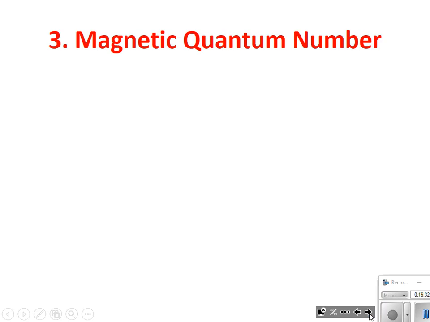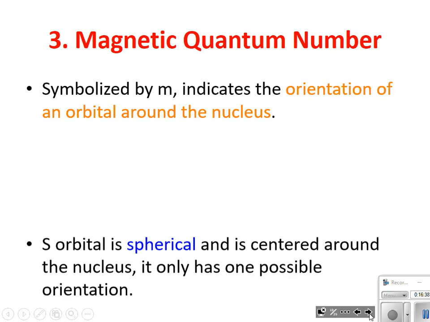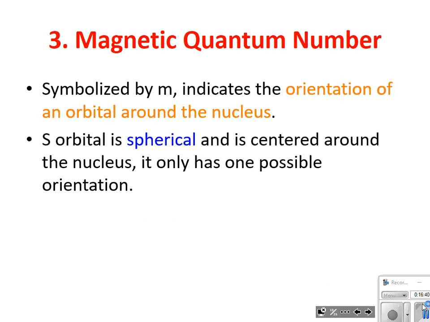The third quantum number is the magnetic quantum number. Get that down, and we'll talk about that here in a second. The magnetic quantum number, the third of our quantum numbers, is symbolized by the letter m. It indicates the orientation of an orbital around the nucleus.